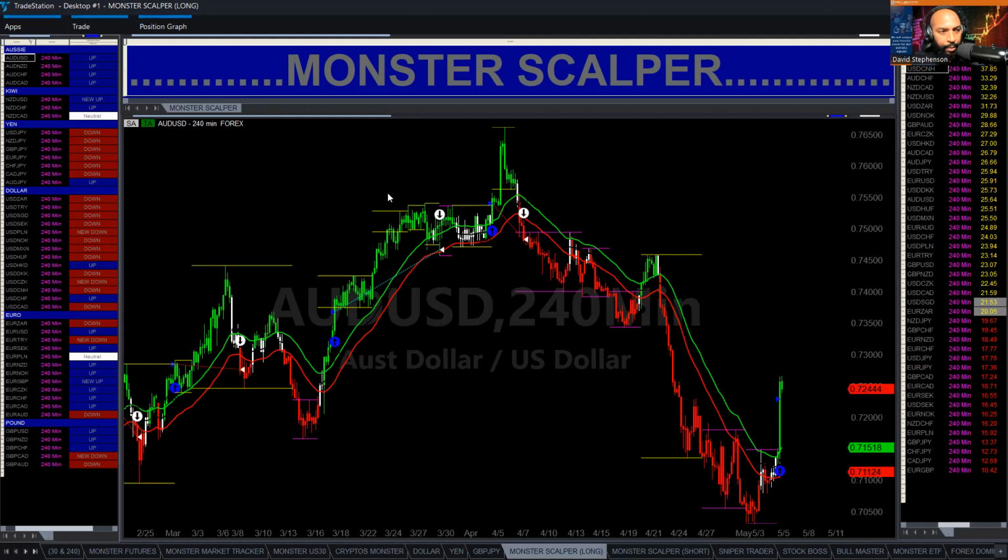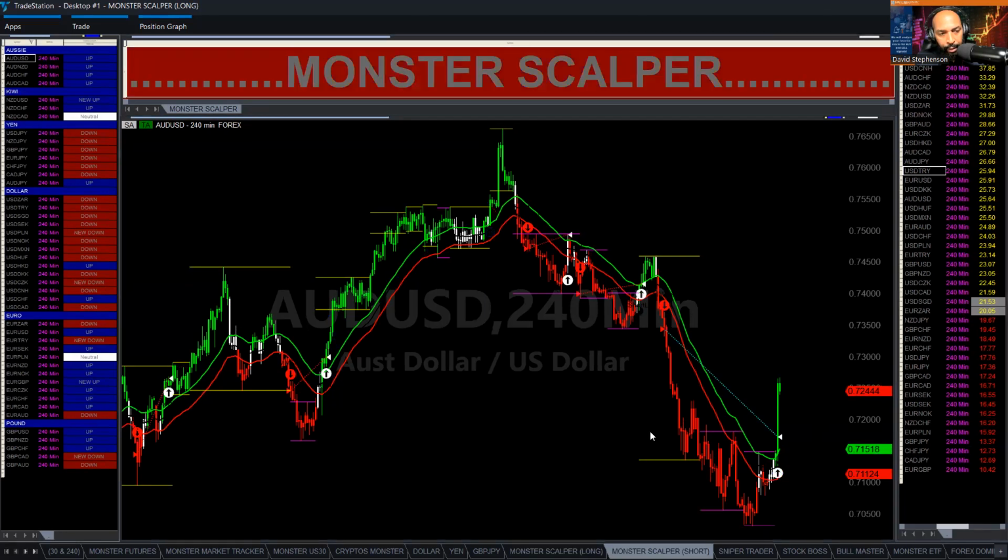You guys should see the monster scalpel screen. When it's in the markdown phase like this, you should be getting ready, not shorting. So many traders I see look to short when it's in the markdown phase, and we're still looking to get opportunities.